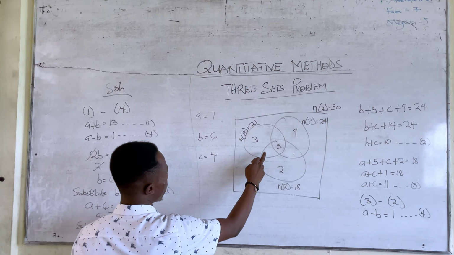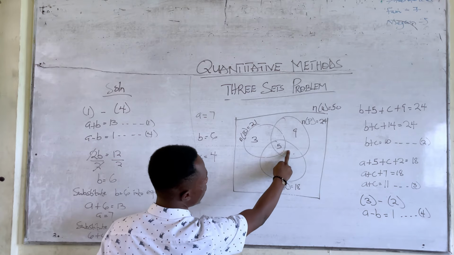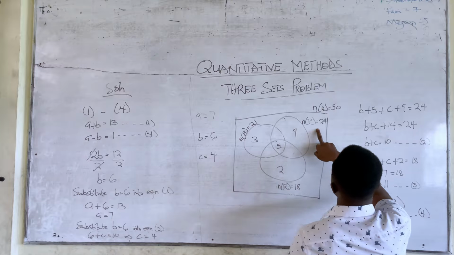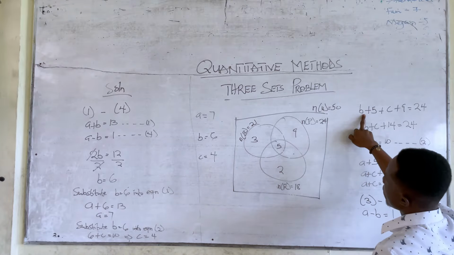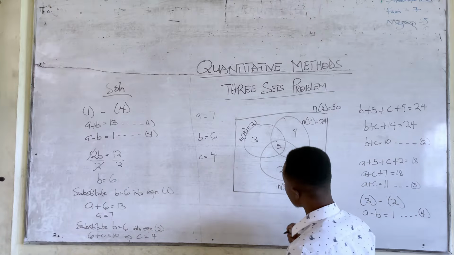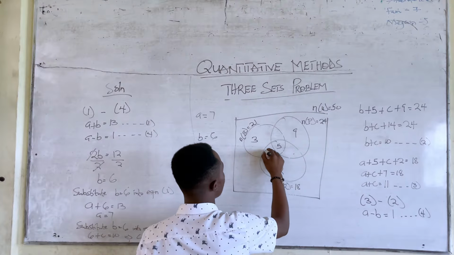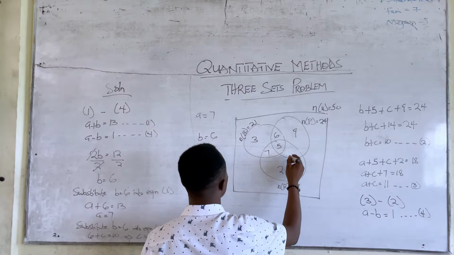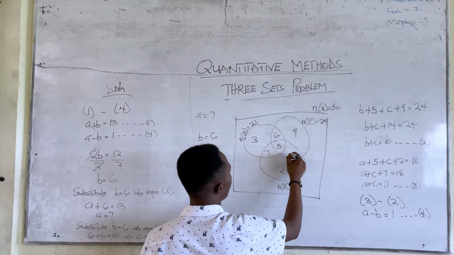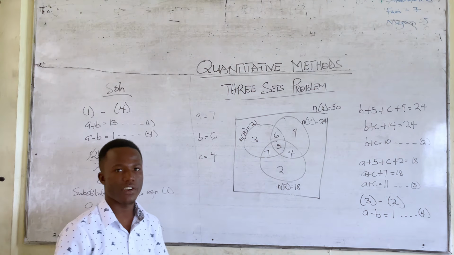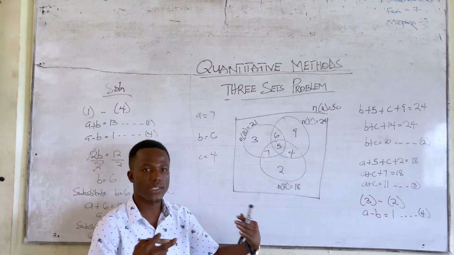Let me look at P. So in this equation we had B plus 5 plus C. So that is A, B, C. A was here, so 7, and B was here, 6, and C was here, 4. So this is our new Venn diagram, and we are going to use this to answer the questions.